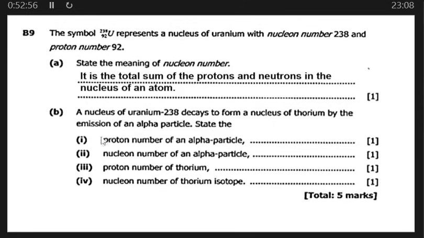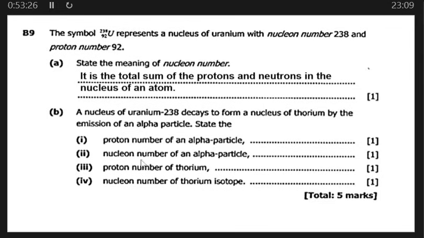Then B, a nucleus of uranium-238 decays to form a nucleus of thorium by the emission of an alpha particle. State the 1. Proton number of an alpha particle, 2. Nucleon number of an alpha particle, then 3. Proton number of thorium, then 4. Nucleon number of thorium isotope.